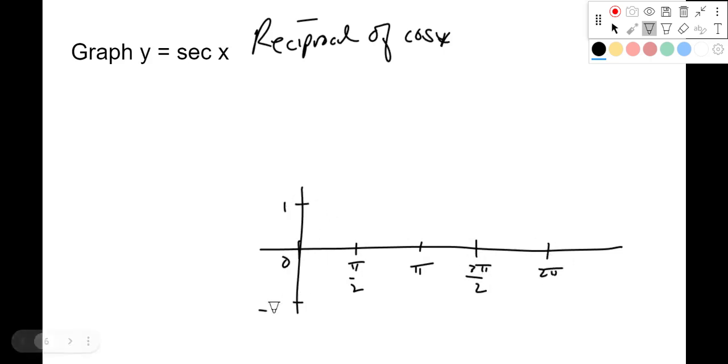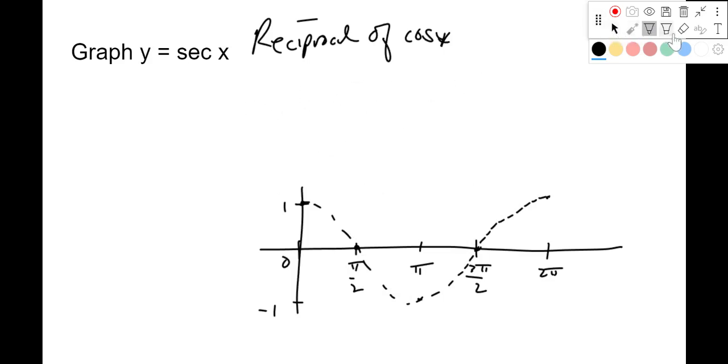We're going up to 1, down to negative 1. We got high, middle, low, middle, high. So I'm going to draw it dashed. There's my dashed line. That's cosine. Y equals cosine is dashed.